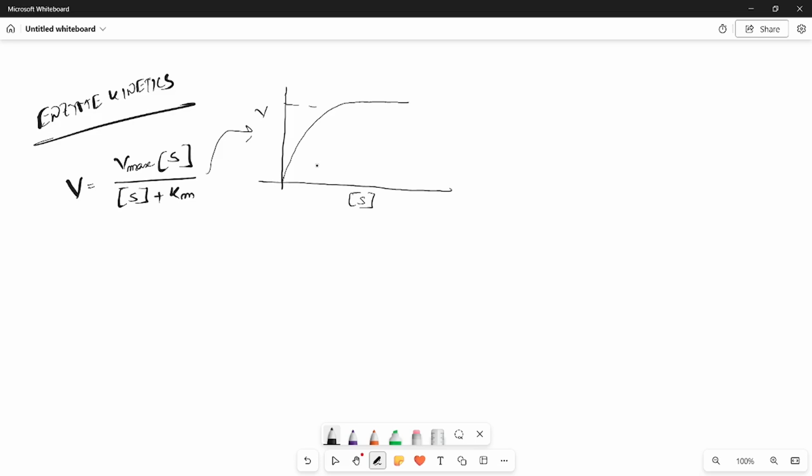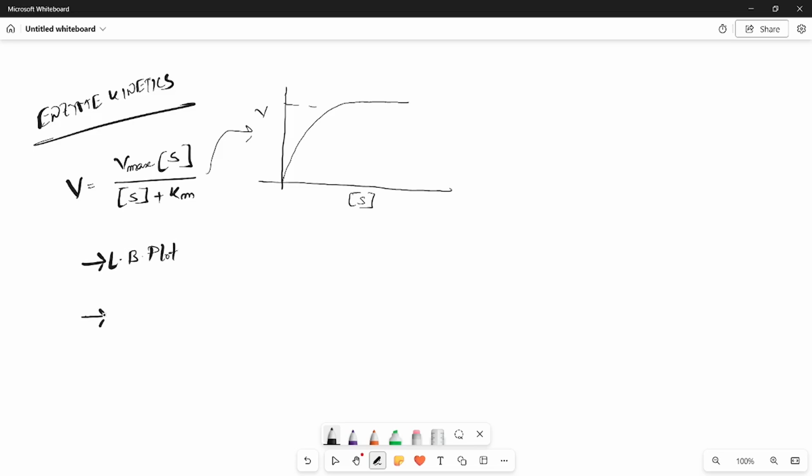And for identifying values from a plot, the easiest is a straight line plot. There are three plots which are actually useful for identifying Vmax and Km. The most popular one is the Lineweaver-Burk plot.